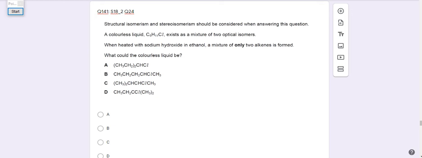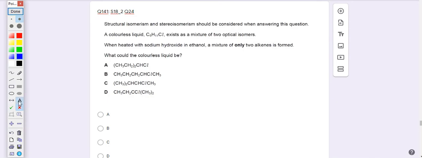Chapter 16, question 141. It is a question about a compound with the formula C5H11Cl. This C5H11Cl exists as a mixture of two optical isomers. This means this compound has a chiral center.